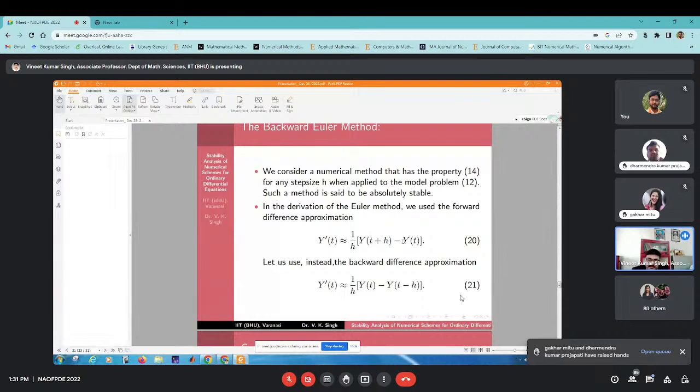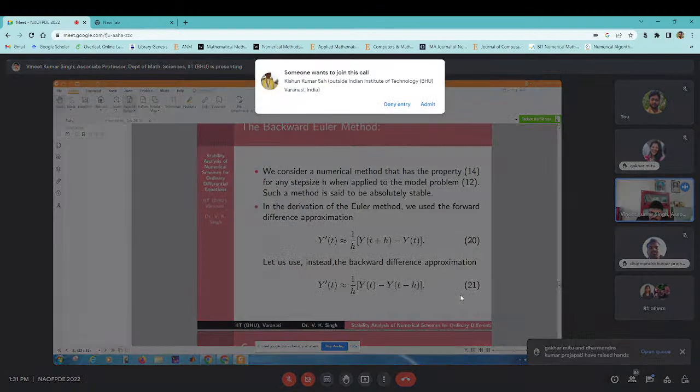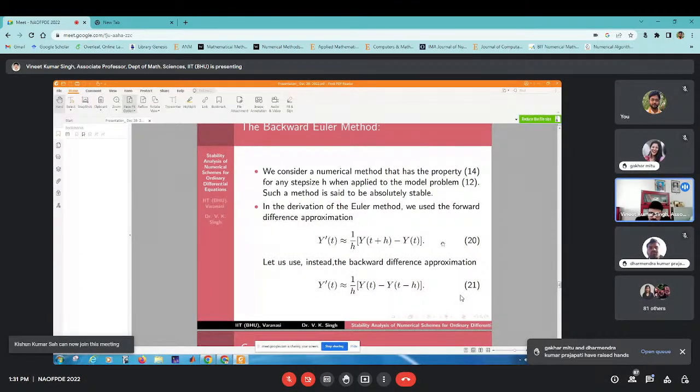Now we're going to check the behavior of the model 12 which I proposed, and see the numerical solution behavior by using equation number 21. I have seen by using 20: I replaced y prime by 20, and then we saw that the numerical solution is conditionally stable.